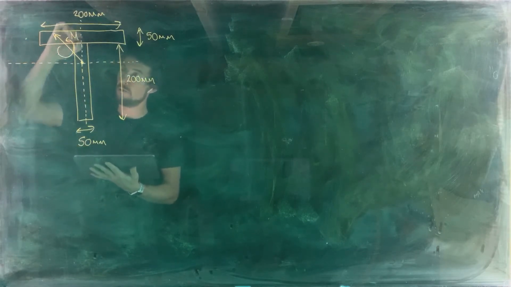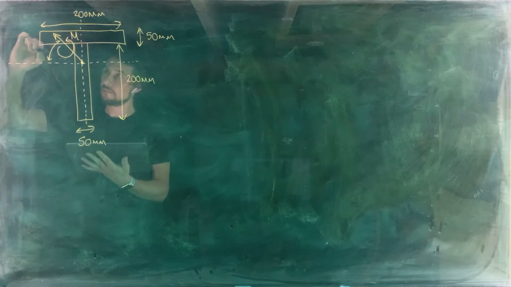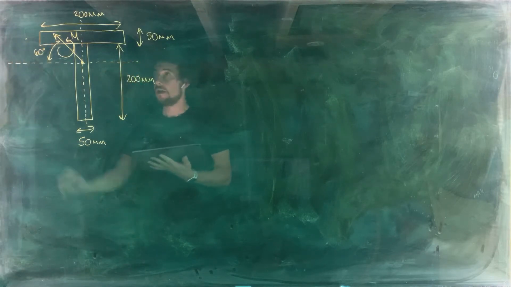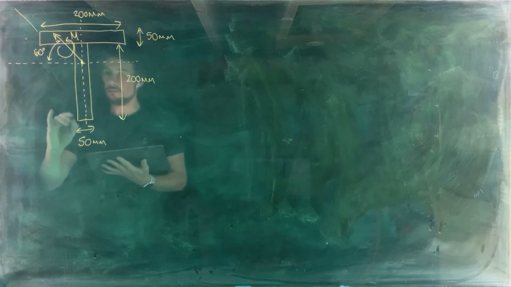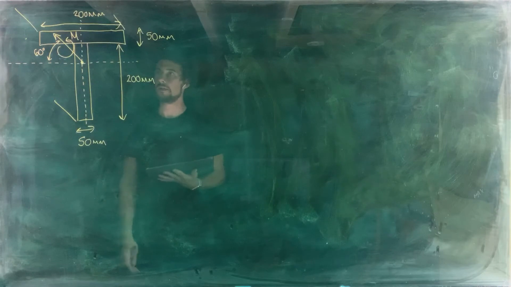So this is moment M, and the angle in here is going to be 60 degrees like that. And then let's say that this beam is going back into the plane of the glass like that.